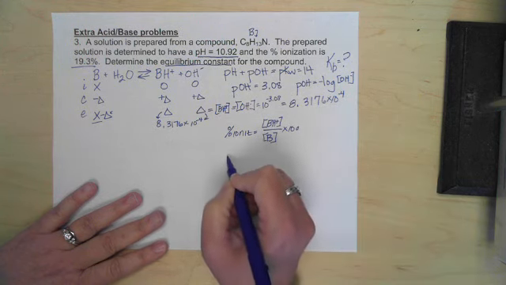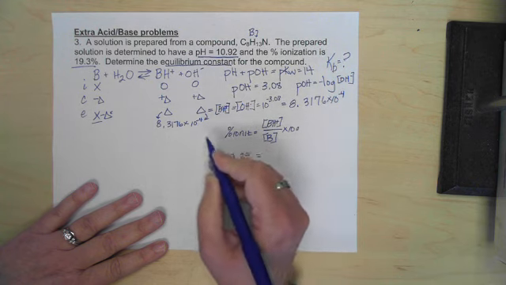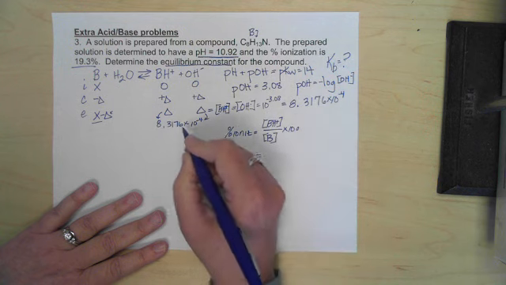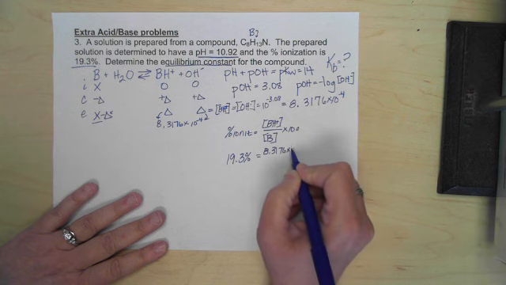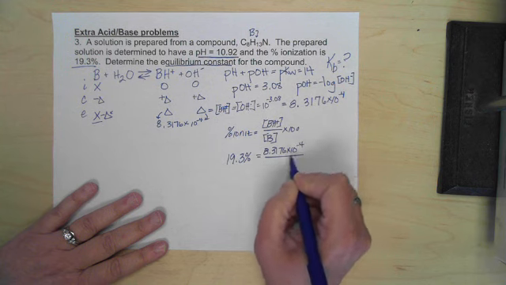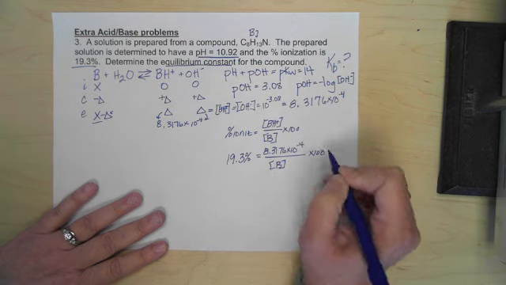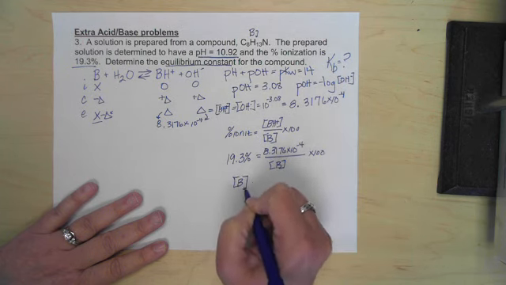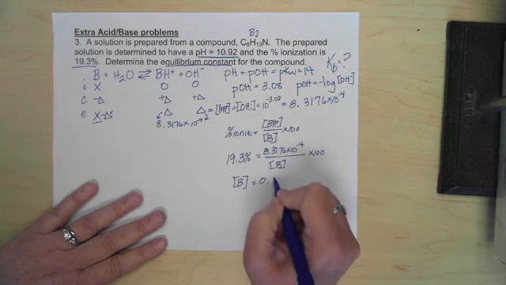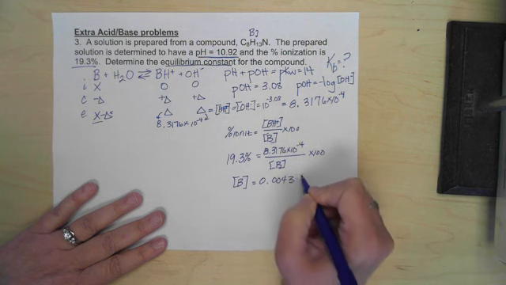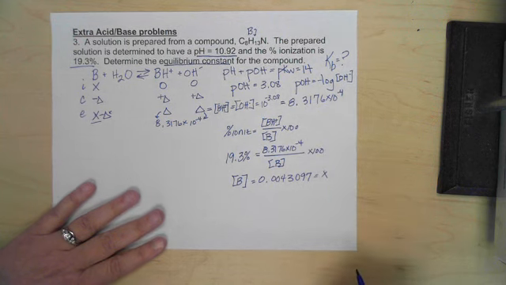We're given the percent ionization, which is 19.3%. We now know that the BH plus is 8.3176 times 10 to the minus 4. So we need the B concentration, or the base concentration, times 100. We do the math and we find out that the base concentration is equal to 0.0043097, which we've designated as X.